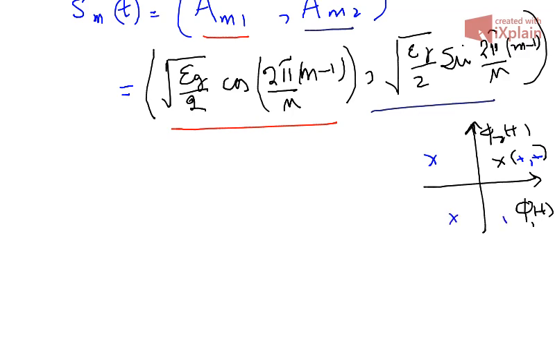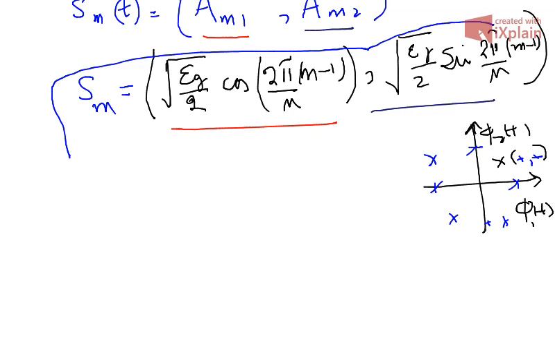It can be here, here, or here, depending upon your A_m1 and A_m2. So you can represent your signal as a point in signal space. In the vector form, we say our S_m is given by this. This is the vector form of our S_m.